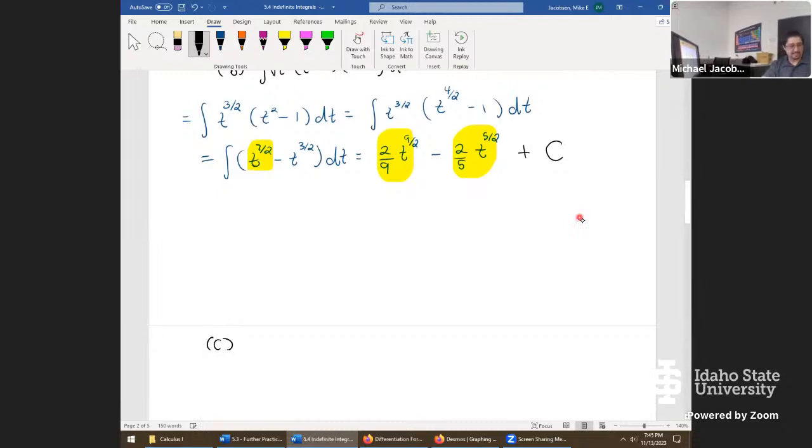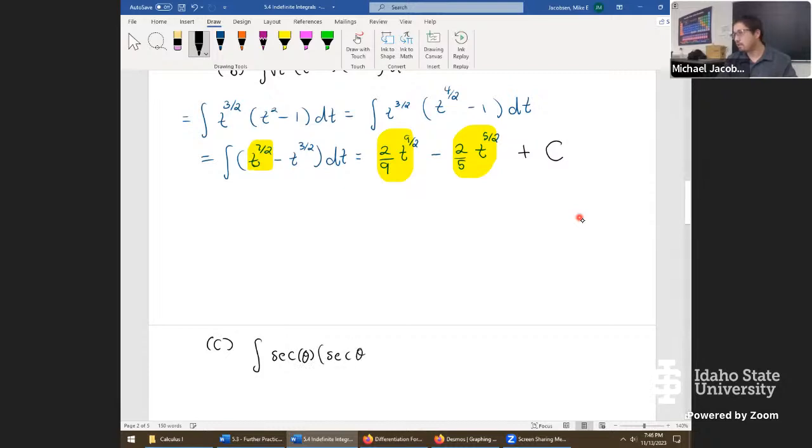So part C is, let's do this next one. Antiderivative of secant theta times secant theta plus tangent theta as a group. And because we indicate a variable theta, we must now use d theta, or else the whole question becomes really, really weird, like we mentioned earlier.